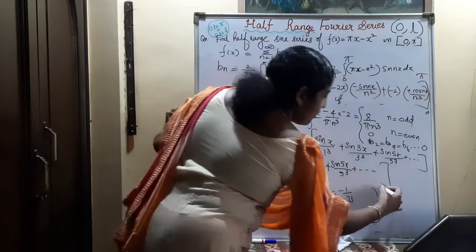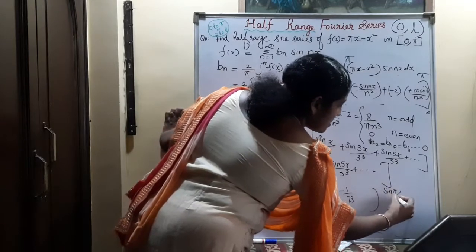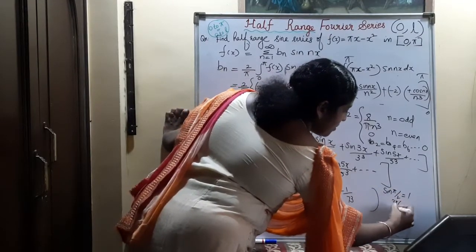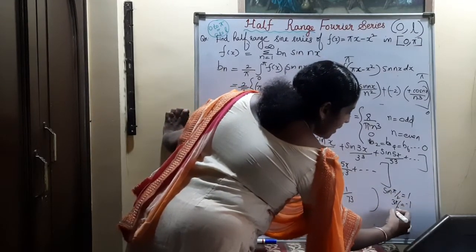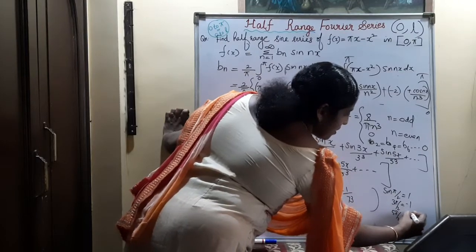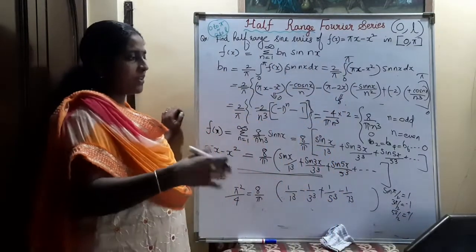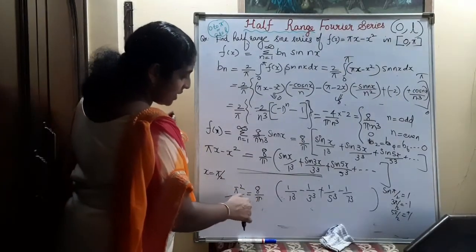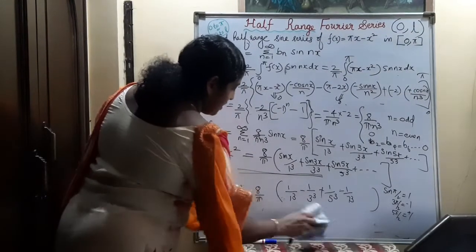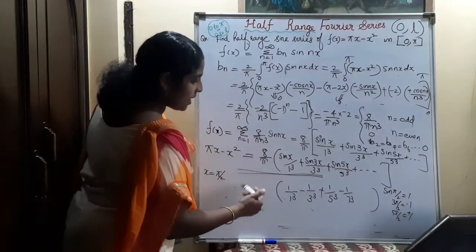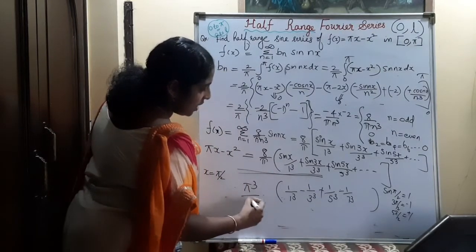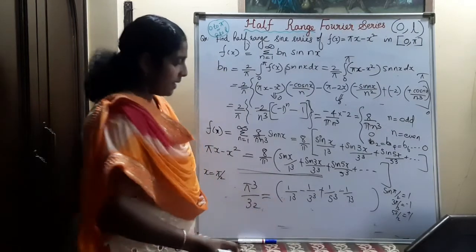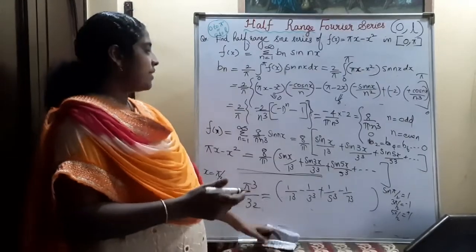I think you know this relation: alternately plus and minus signs appear. Then on cross multiplying we get pi cube equals 32 times the series. They can ask to deduce pi cube by 32 or the like, so we have to be careful.